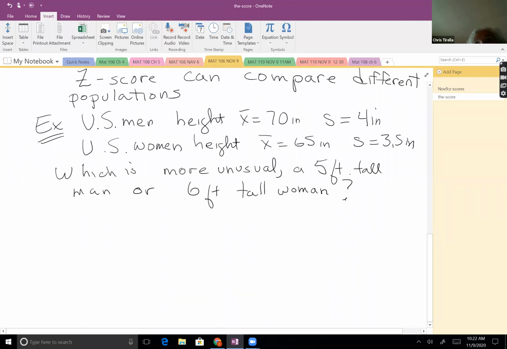Well, 5 foot is short for a guy, 6 foot is tall for a woman.